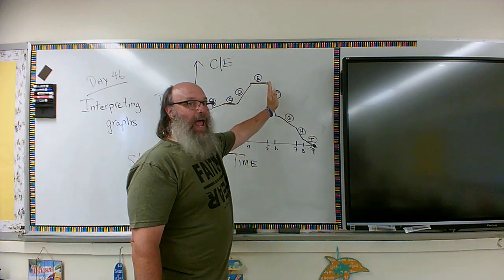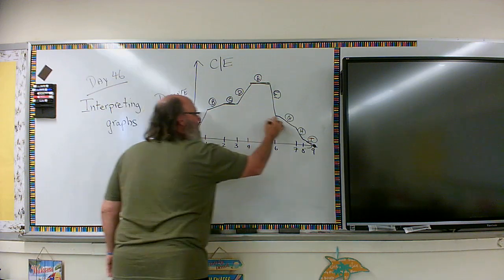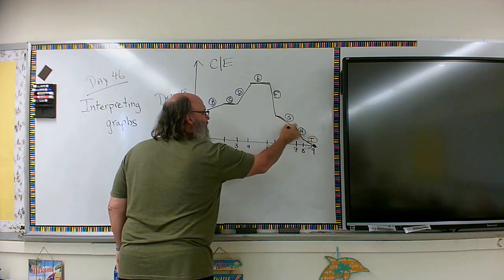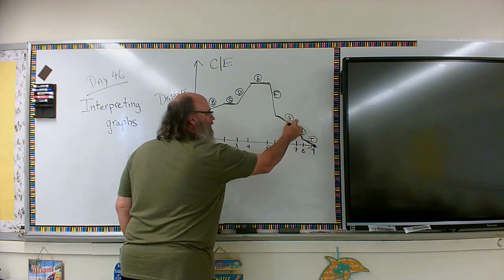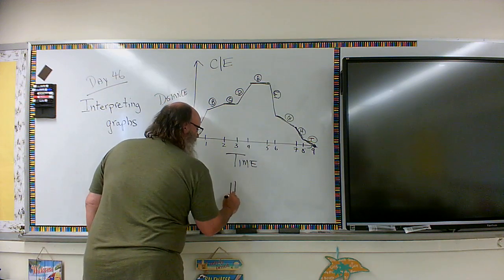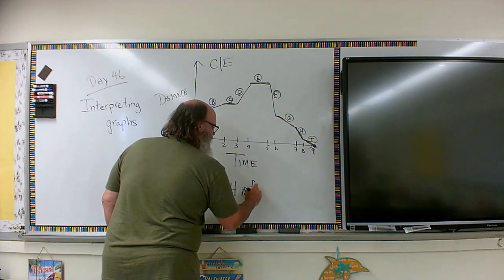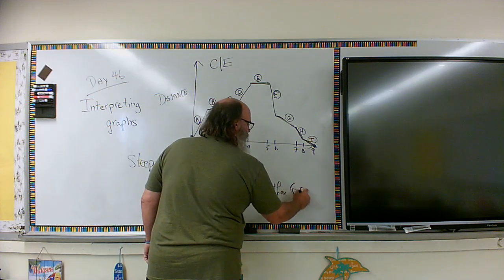This is pretty fast, this is pretty fast. This is not as fast. This is faster than that. So if you were looking at it, H is faster than G or I.